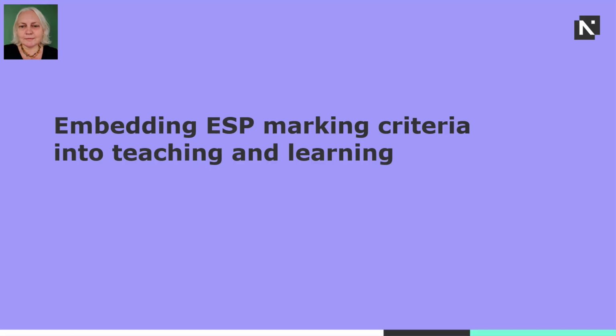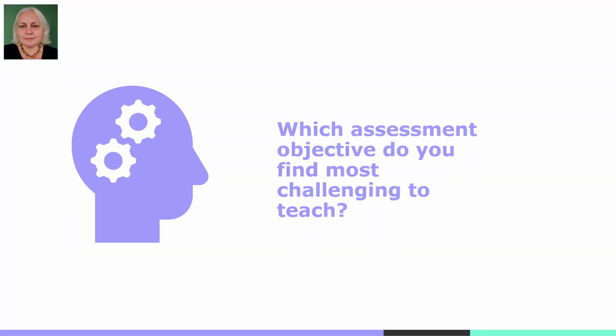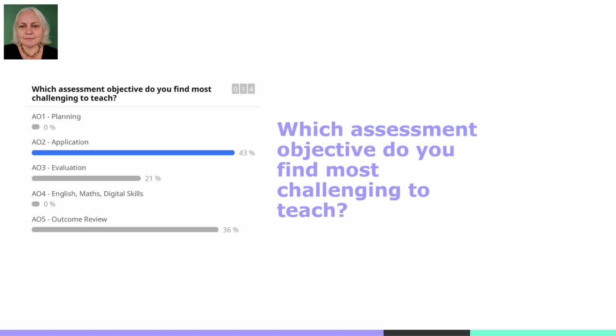So the first area we're going to be looking at is how to embed ESP marking criteria into your teaching and learning. During the live session, we started by asking participants which of the assessment objectives they find the most challenging to teach. We'll have a look at the results of this on the next slide. You can see here that overwhelmingly, AO2 and AO5 were considered to be the most challenging to teach, with AO3 in third place.